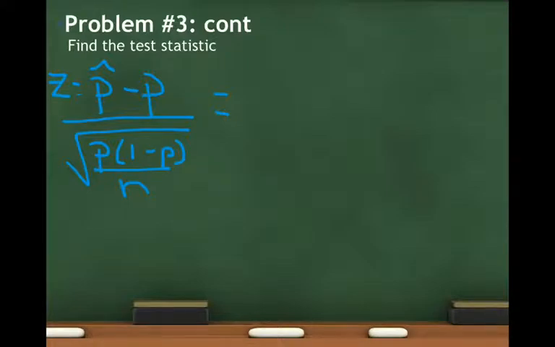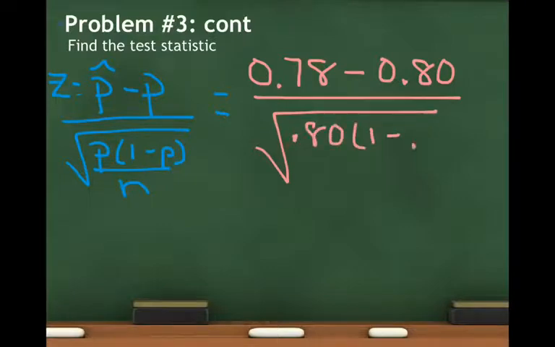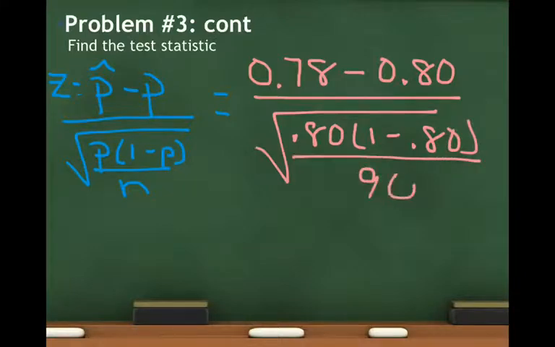When you had this set up, our sample proportion p hat was 0.78 minus the population proportion 0.80, divided by the square root of 0.80 times 1 minus 0.80, divided by our sample size of 90.